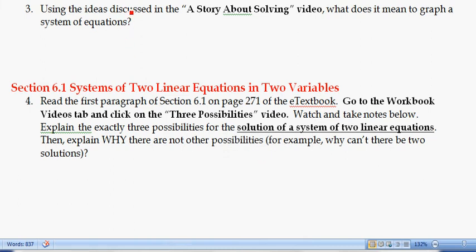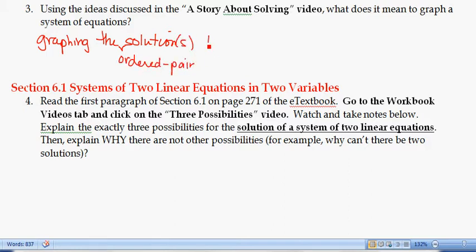So just to go back to this question to make sure you got the same thing I was hoping for, what does it mean to graph a system of equations? Again, the graph-it idea means you're graphing the solution, and maybe I should write ordered pair solution or solutions that satisfy all equations in the system, right?